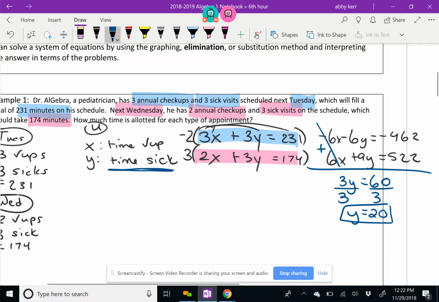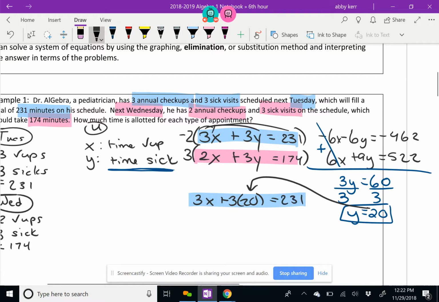What you need to do now is plug it back in, which is our step 4. It says if you are left with an X equals a number, Y equals a number, then substitute that number in. It does not matter which equation you choose. I'm just going to choose the blue one because it was first. So instead of Y, I'm going to write 20.